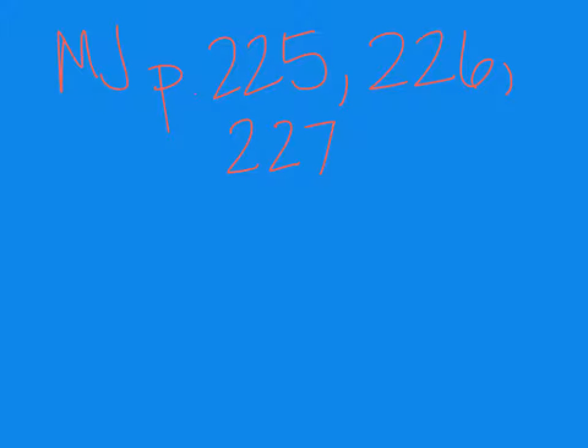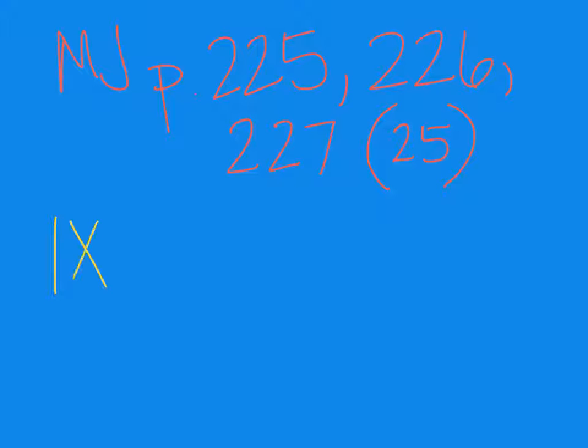Your assignment today will be Math Journal, page 225, which is your math box, 226, which we did several problems together on, and also page 227, but only number 25 on that, which is a bigger problem. So you're not going to do the try this today.